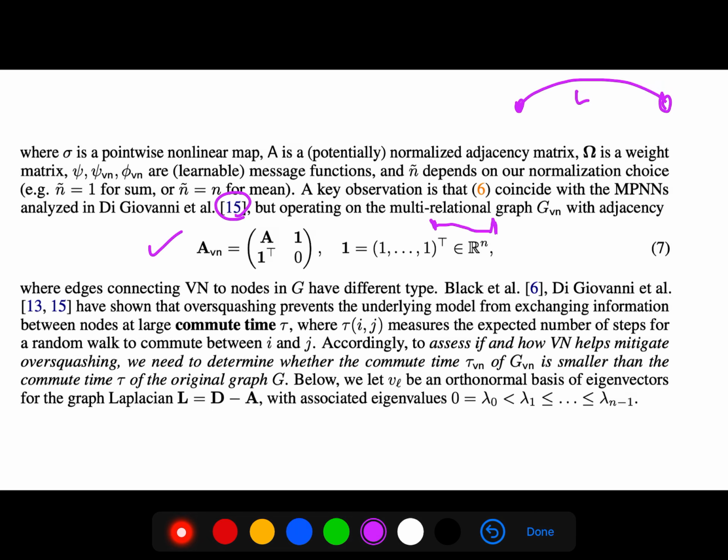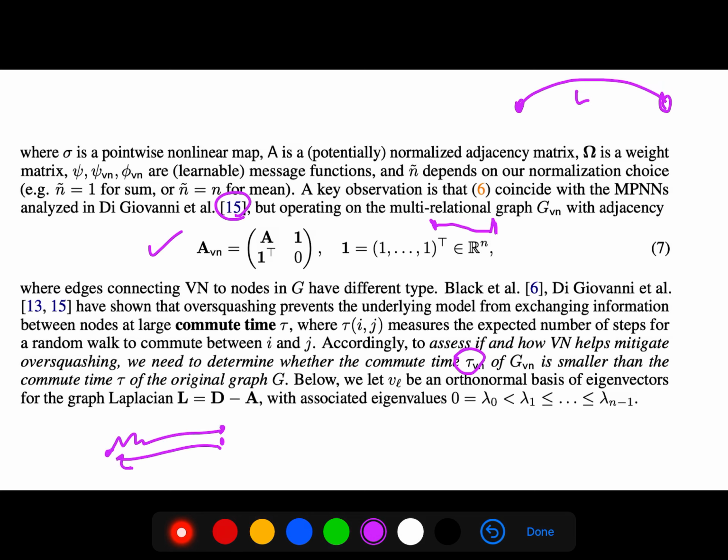So to assess if and how virtual nodes help mitigate oversquashing, we need to determine whether the commute time of G is smaller than the commute time of the original graph. Commute time between two nodes: it goes and comes back.